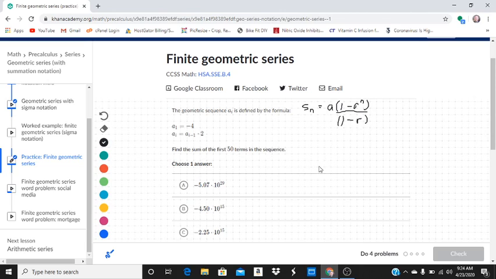We have to identify these things. So the first term is going to be -4. The common ratio, since we're multiplying by 2, is going to be 2. The number of terms is going to be 50.